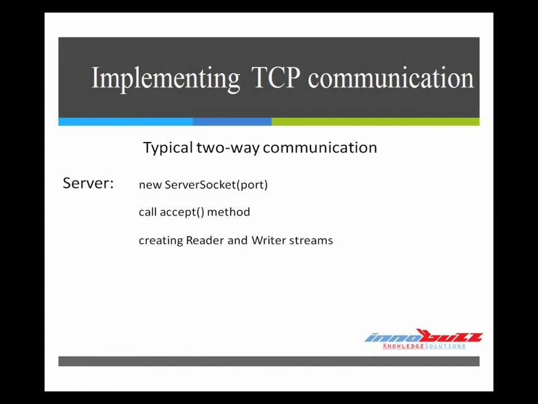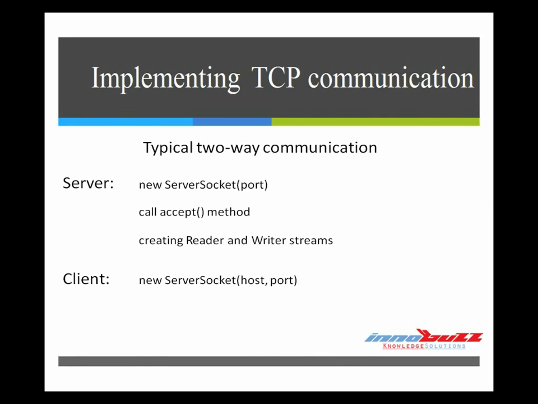The client side is a little bit similar as well. We create a socket instance first. We have several constructors for it. If we have a named host, we can set this name as a string, or we can set the IP address of the host by an inet address type argument.